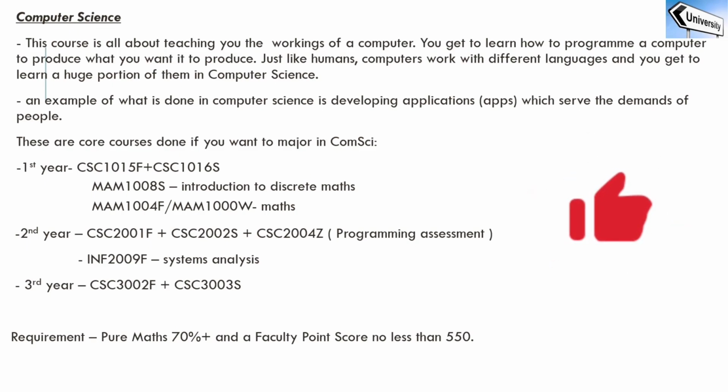The UCT science handbook will give you an idea of how to calculate a faculty point score. Other universities want you to have an APS of no less than 38 in order for you to do computer science.